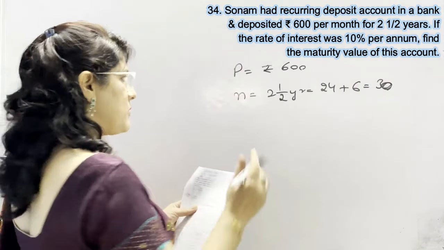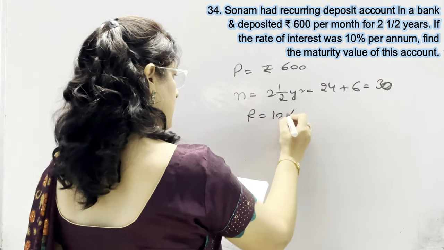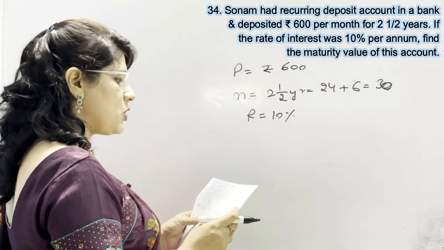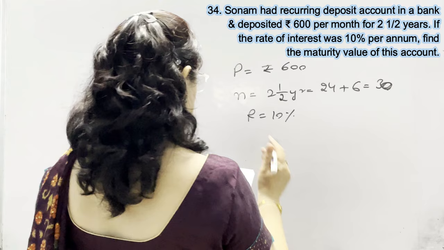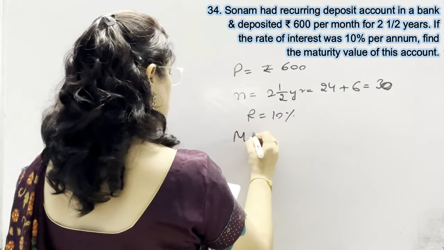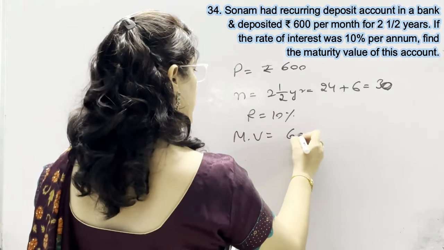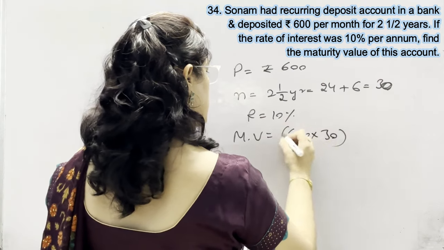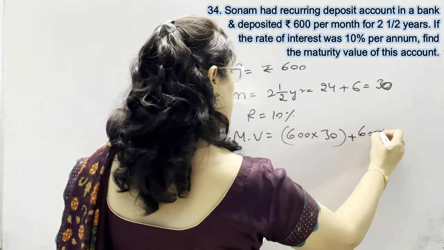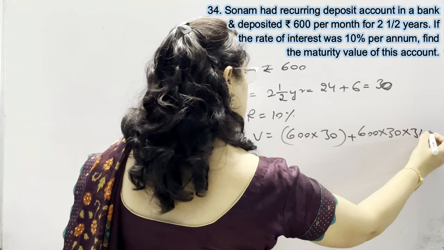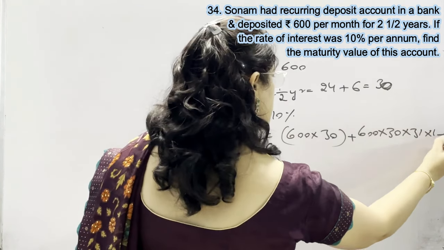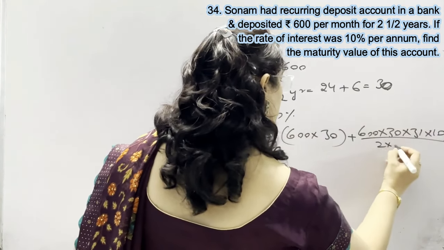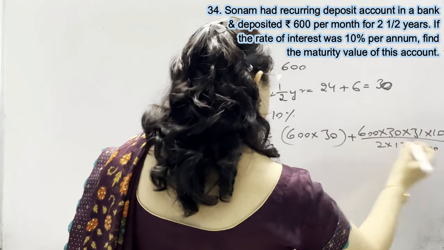If the rate of interest was 10% per annum, find the maturity value of this amount. So maturity value is equal to P into N, 600 into 30 plus 600 into 30 into 31. Rate is given as 10 upon 2 into 12 into 100.